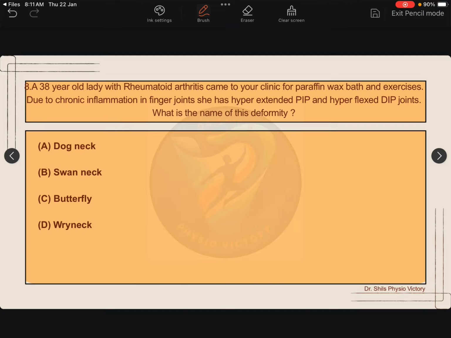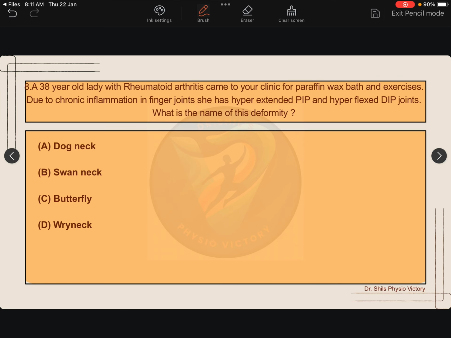Next, come to question number 8. A 38-year-old lady with rheumatoid arthritis comes to your clinic for paraffin wax bath and exercise. Due to chronic inflammation in finger joints, she has hyperextended PIP and hyperflexed DIP.